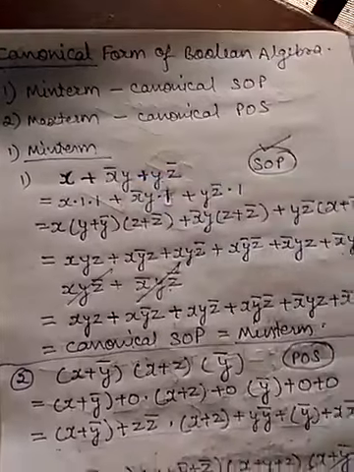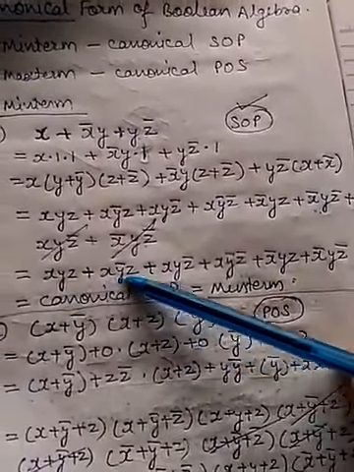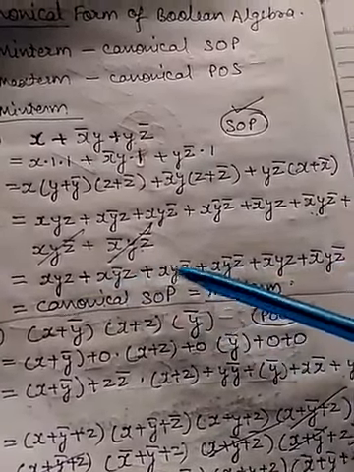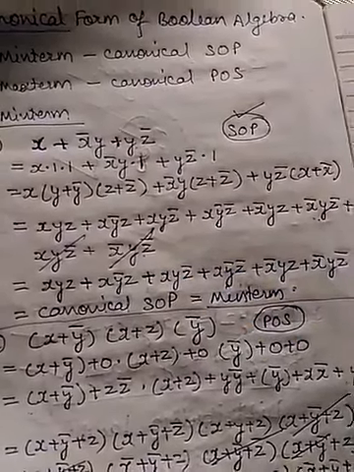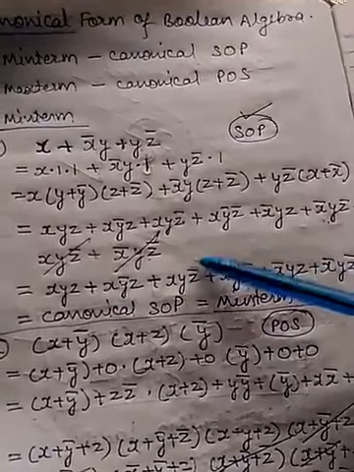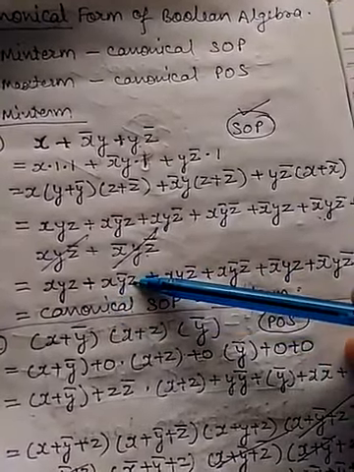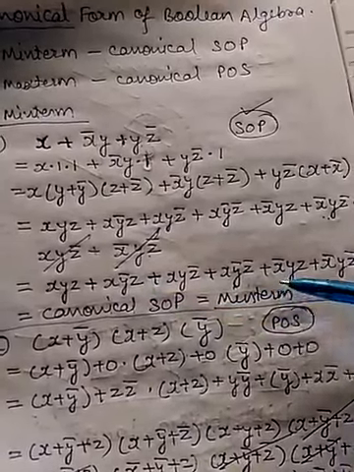When we converted this function, now you see that all the terms have all the variables, and this is also in the form of sum of product. So the function is in sum of product as well as canonical, that is, all terms contain all the variables. That's why this function is considered as minterm.